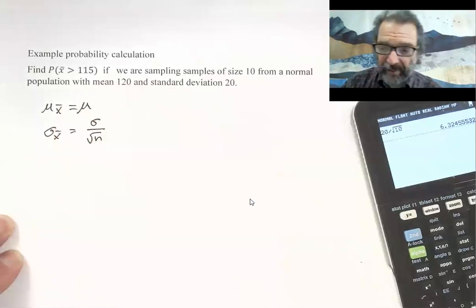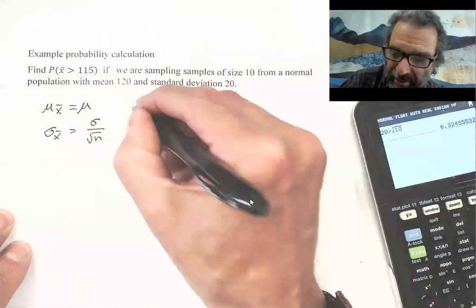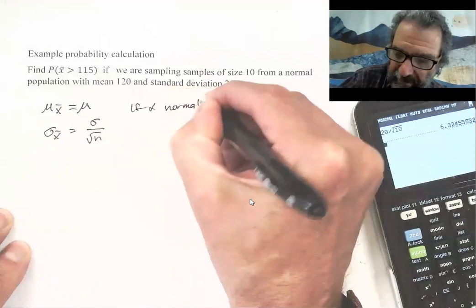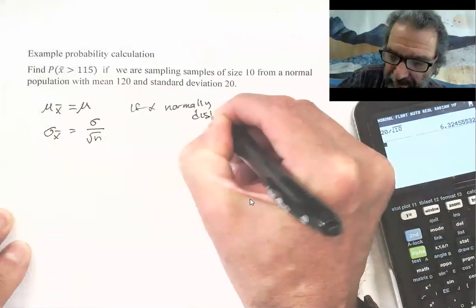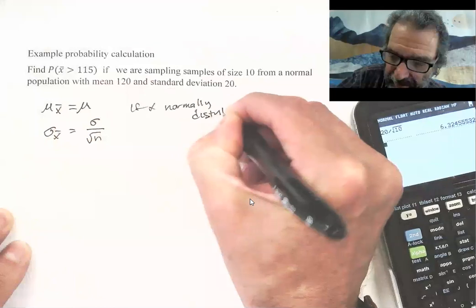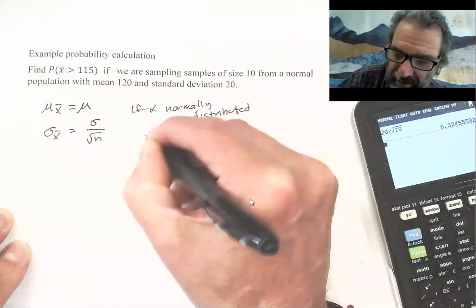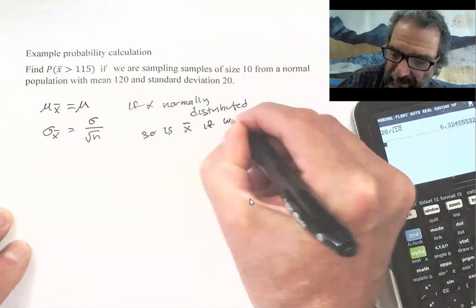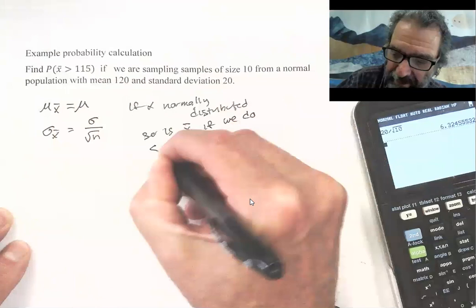And we also know if x is normally distributed, so is x bar if we do simple random sampling.